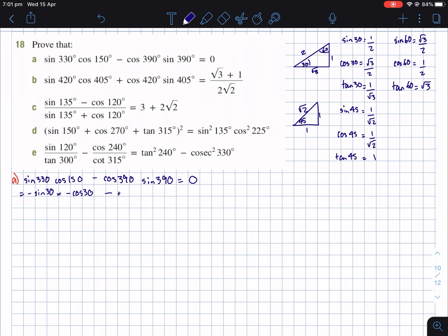So positive cos 30 times sine 390, positive sine 30. So this is actually negative sine 30 times negative cos 30, minus positive cos 30 sine 30. Well, that comes around as positive sine 30 cos 30, take positive cos 30 sine 30. It does in fact equal 0.